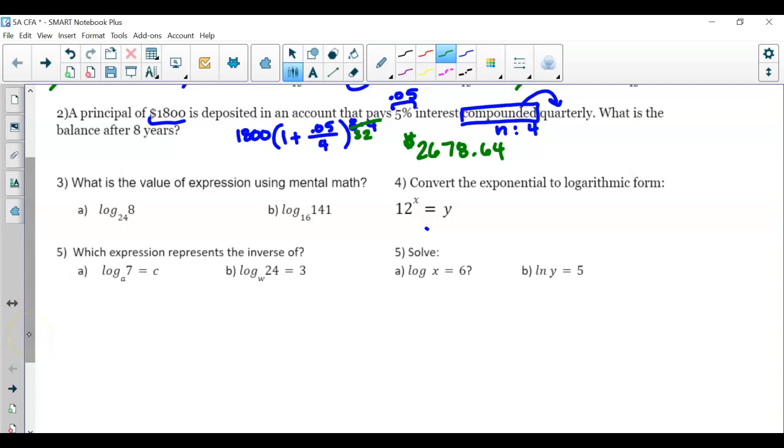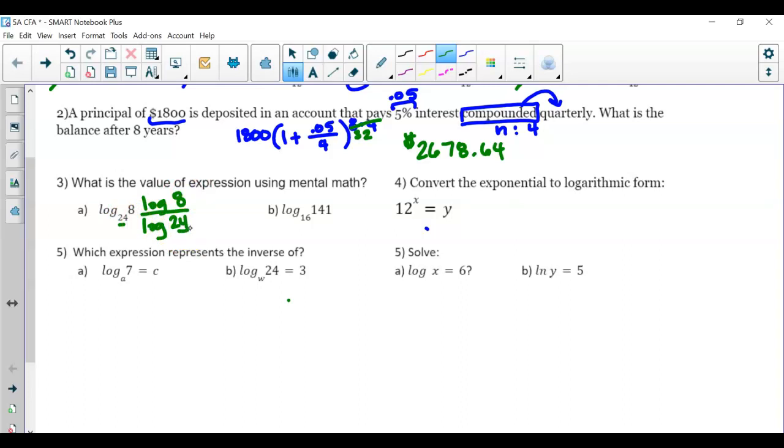Now in question 3, you are just again converting, guys. Notice how we have log base 24 of 8. This is using our change of base formula, where again we are dividing our two logs. So I need log of 8 divided by log of 24. The base needs to go in the bottom here.